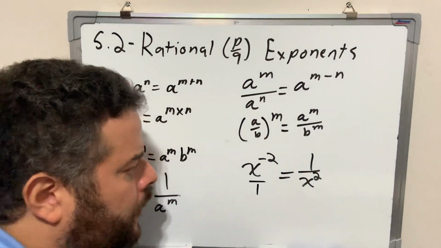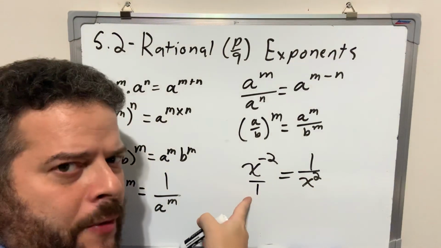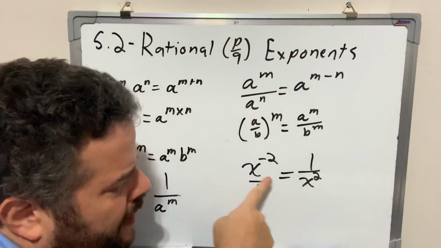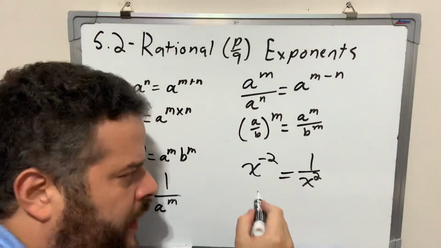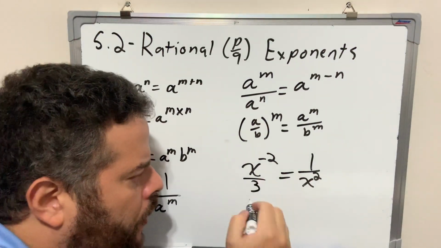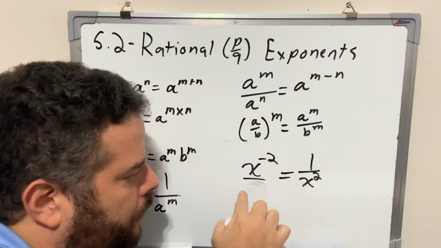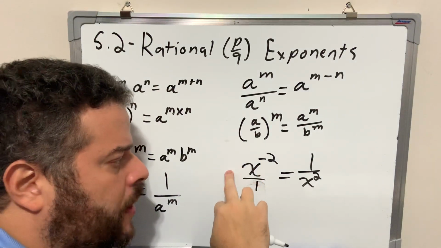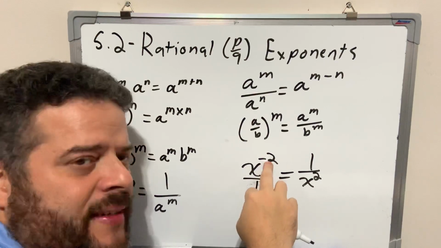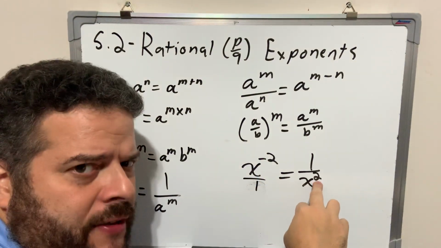Right now, every number has a denominator 1 if I'm not writing any. So if this number right now has a denominator of 1 because you can't see it. Oh, 1, sorry. Oops. Math teacher here. So what you can do is send this number to the denominator, the one that has a negative exponent, and turn it positive.